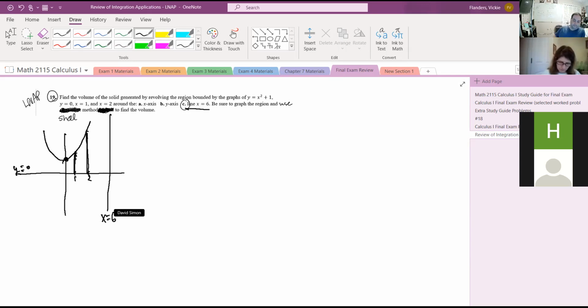Right there. Okay. So then if we're going to do the shell method, remember what that means is we're basically peeling layers of the onion and just doing the volume of individual little slices of layers, and it will grow either inward or outward from the center.